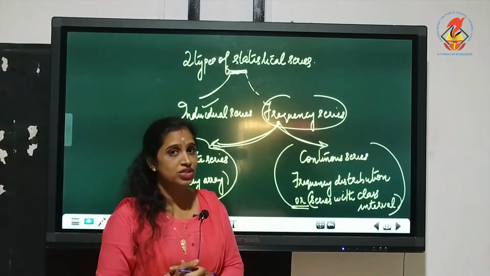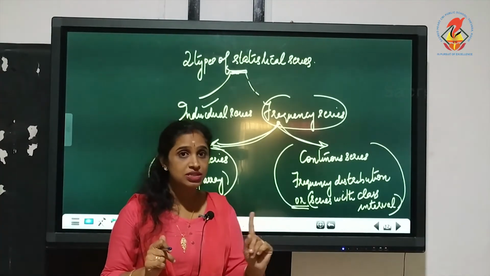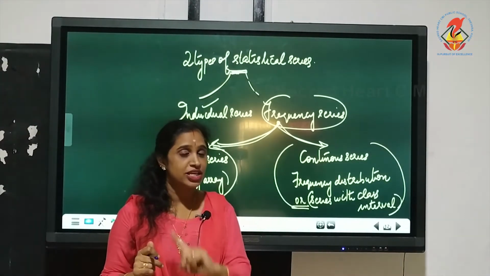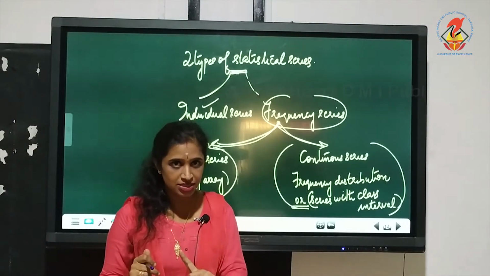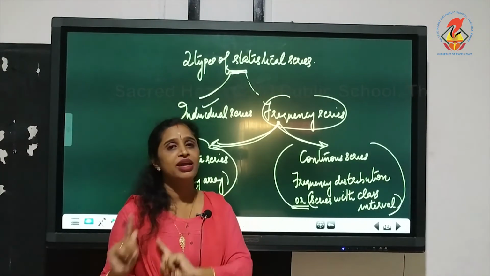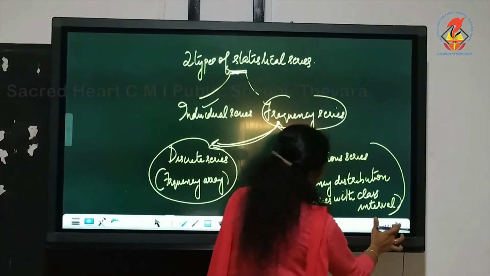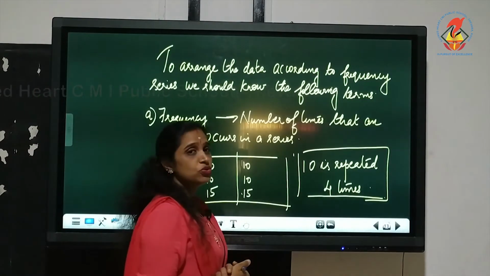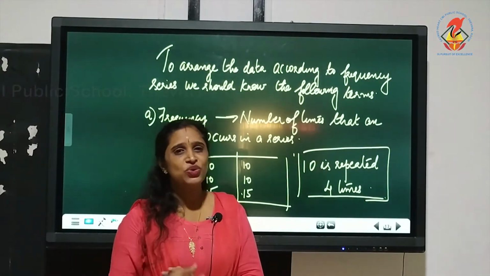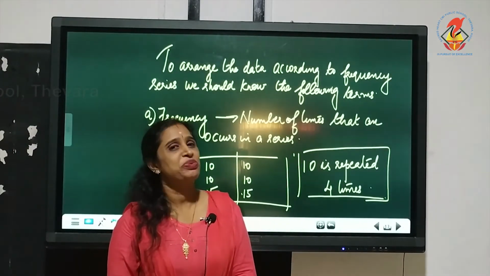So we are going to concentrate on frequency series, which are of two types, discrete and continuous. Remember, we are discussing frequency series which has two types, one is discrete and the other is continuous. Before moving on to frequency series in detail, we need to know some terms and concepts related to frequency series.